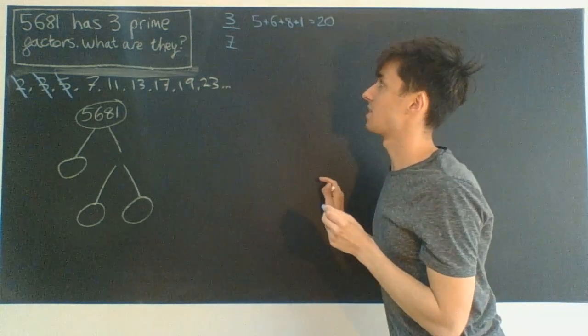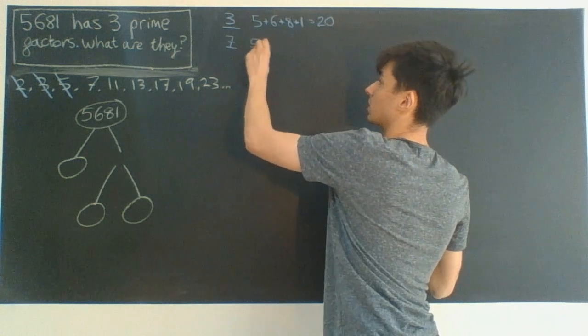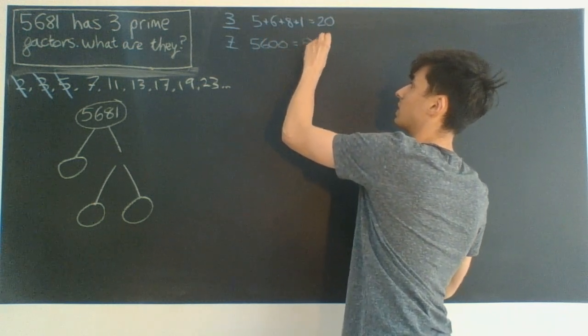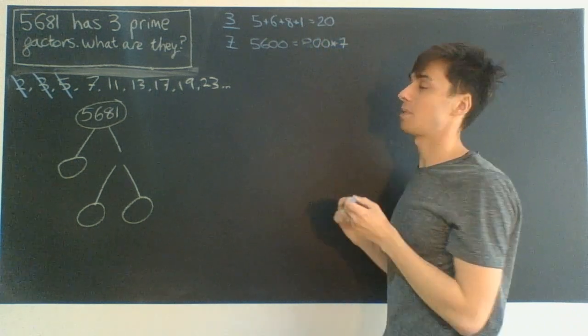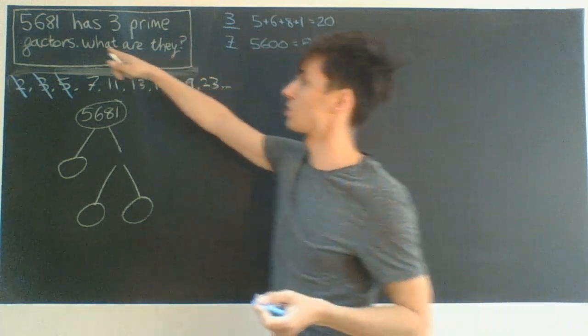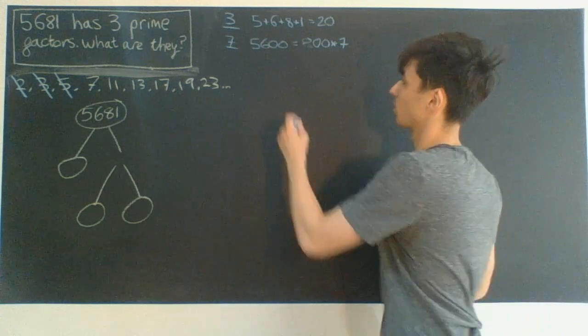So dividing by 7, if we think of a number we know is divisible by 7, so take 5,600, which we know is 800 times by 7. And to get from 5,600 to 5,681, we would have to add 81.